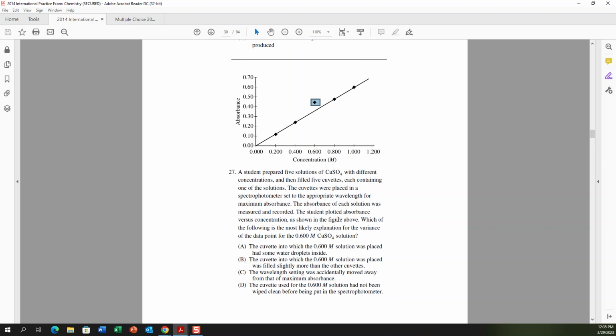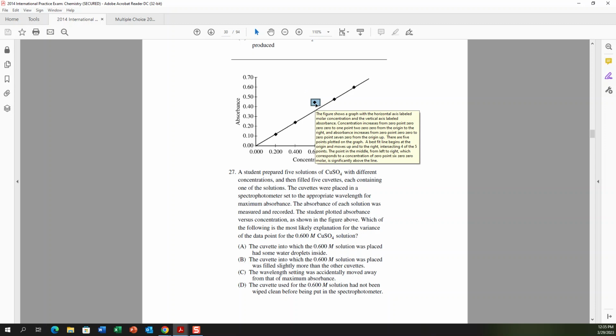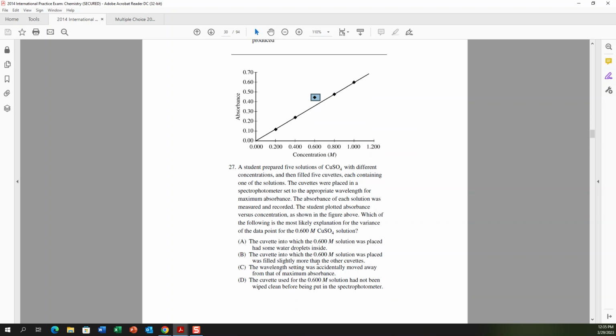And so if you read the question, it says, which of the following is most likely the explanation for the variance of the data at 0.6 molar? All right. So why was more light absorbed here? So which of these scenarios would cause more light to be absorbed in the colorimeter? And remember, colorimeter, spectrophotometer, same thing.